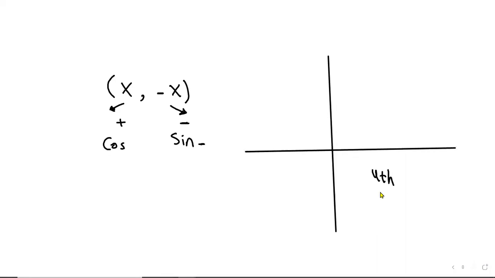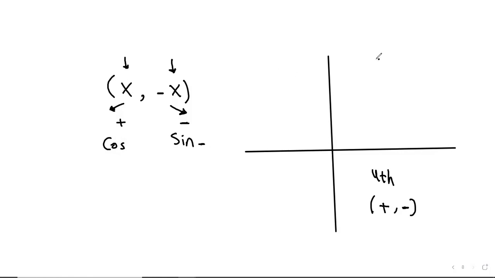In the fourth quadrant, cosine is positive and sine is negative. And which angle in general has its cosine the same as its sine?